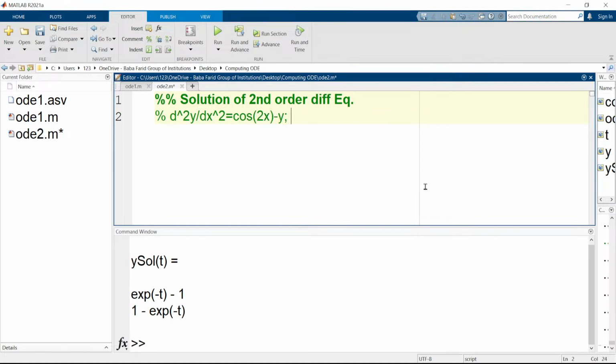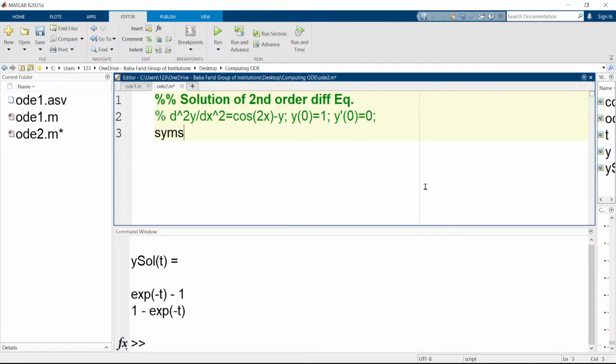Okay, and with the conditions you are given is y0 is equal to 1, and the second condition is we have y dash 0 is equal to 0. So this is the second condition, and now we can write the program for the same.